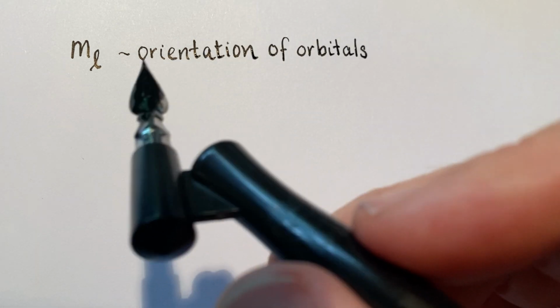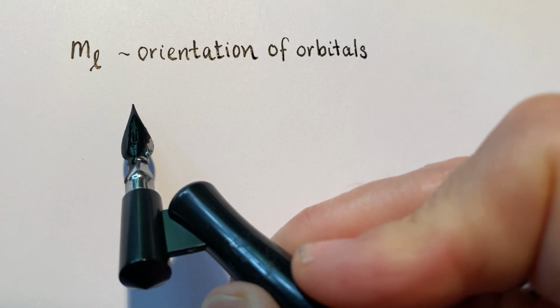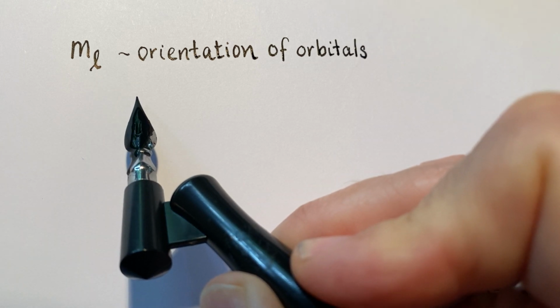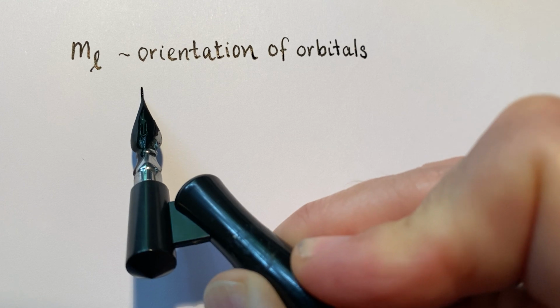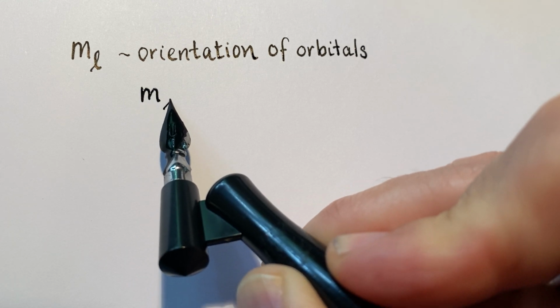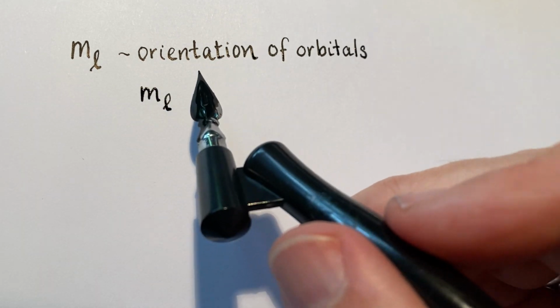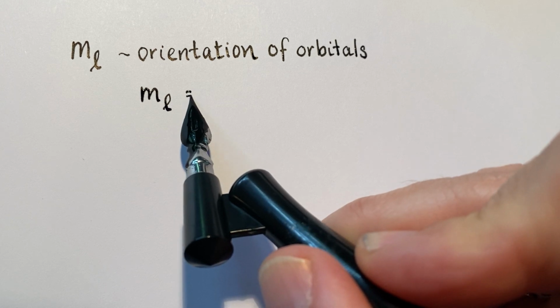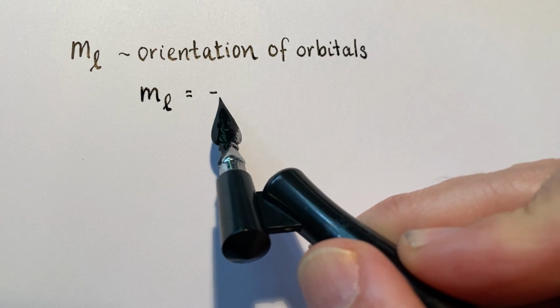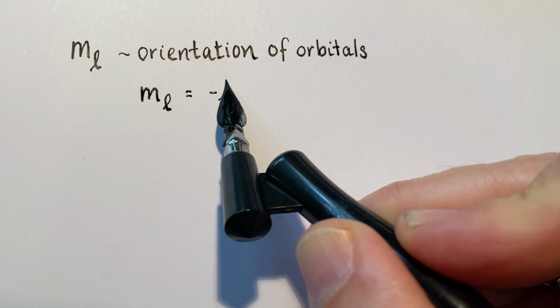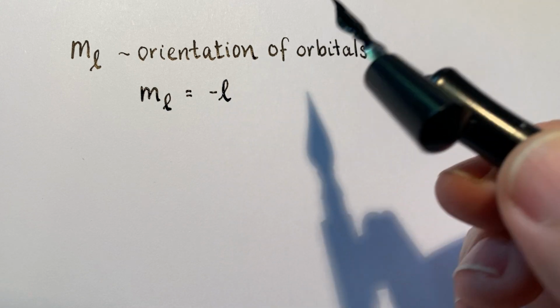So essentially, they are related in that M sub L depends on L. So the only possible values you can get for M sub L are, again, these are possible values. It doesn't mean it's going to equal all of these values.